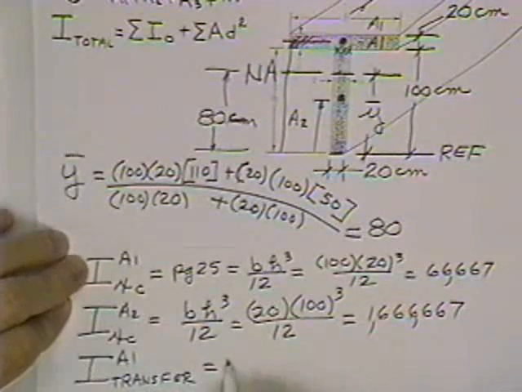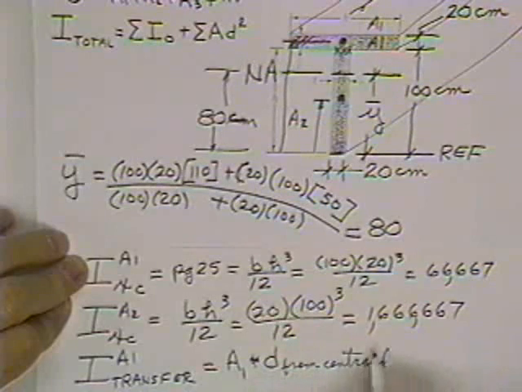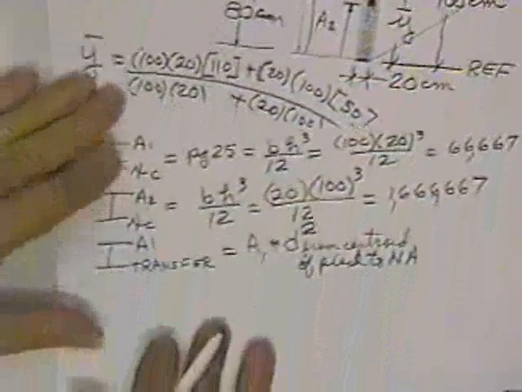And that transfer moment of inertia is how much area 1 has, multiplied times how far it is from the neutral axis, d, from the centroid of the piece to the neutral axis. And you don't only get that, but you get it squared, A d squared.